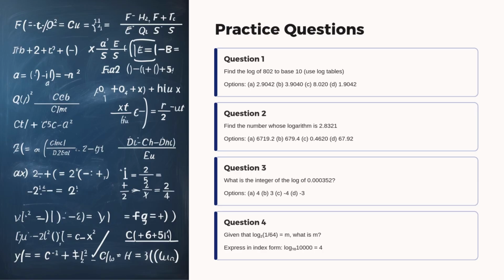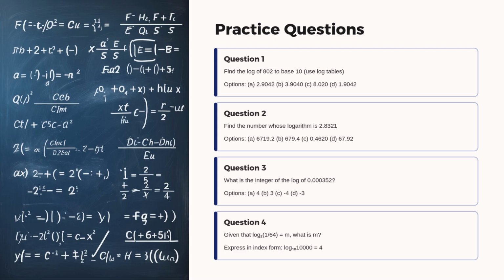Options: A. 6719.2. B. 679.4. C. 0.4620. D. 67.92. Question 3. What is the integer part of the log of 0.000352? Options: A. 4. B. 3. C. -4. D. -3.